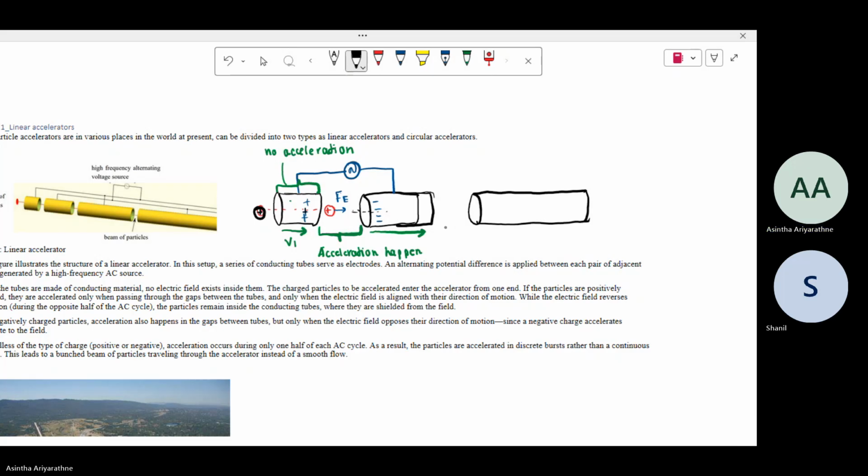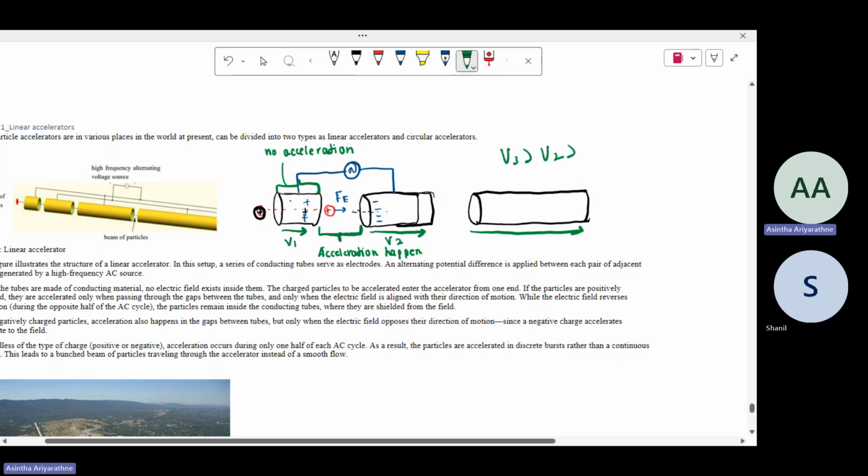The reason behind the increasing length is the velocity of the electron as we move to the right side. The velocity of the third is greater than the second and the first.